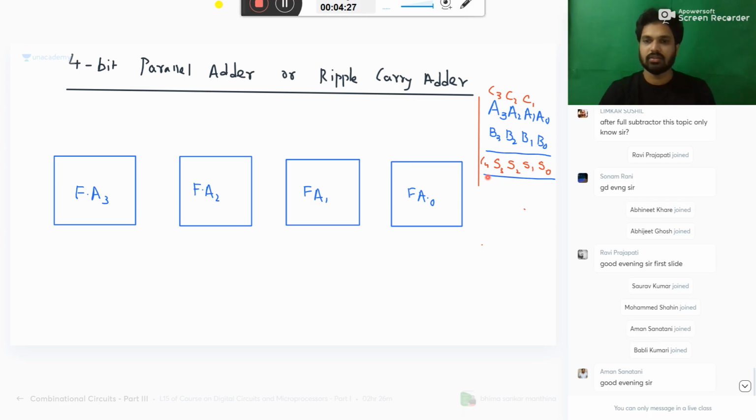Now please listen here. So I want to perform this operation using these 4 full adders. Let me do this.